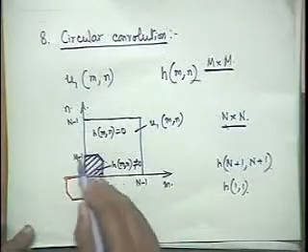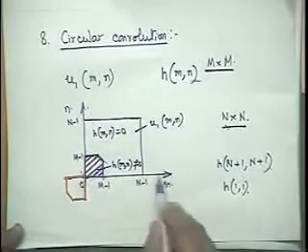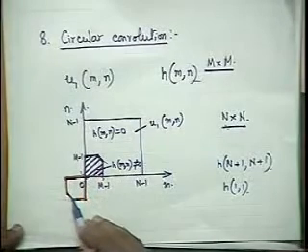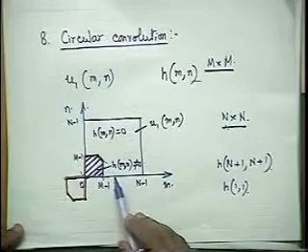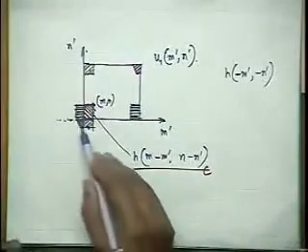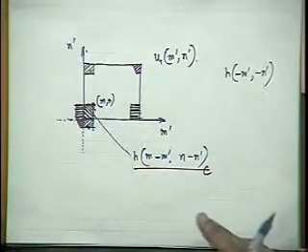That is to say, if this shaded region were folded about this mn coordinate space, we would have got a function like this, which would have been our h of minus m prime minus n prime function, and we are just translating this function to the point mn.